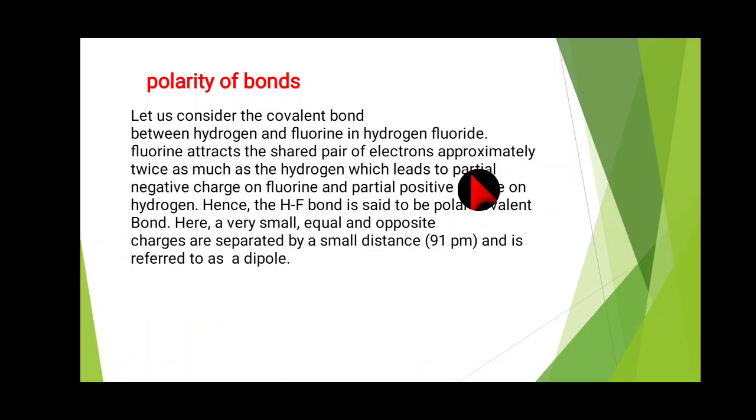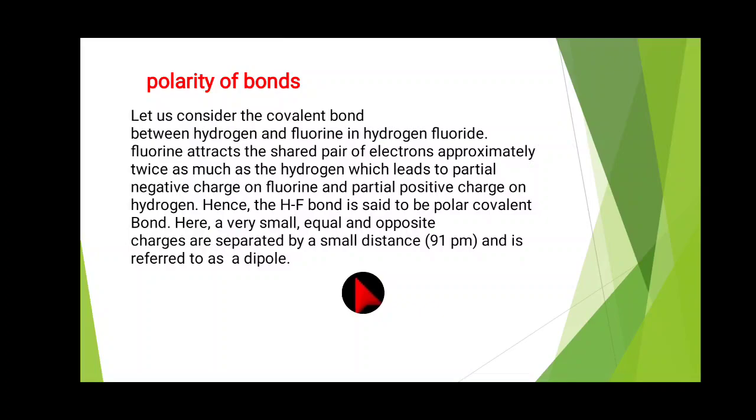So in the HF molecule, fluorine has a partial negative charge and hydrogen has a partial positive charge. The HF bond is said to be a polar covalent bond.